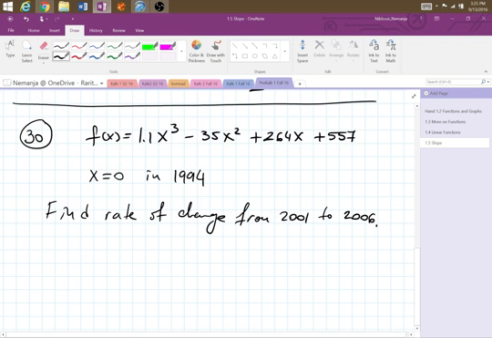Well, we have everything we need. If x equals 0 in 1994, how much is x in the year 2001? It's 7. So x1 equals 7. And how much is it in 2006 for x2? It's 12, 6 and 6 is 12.